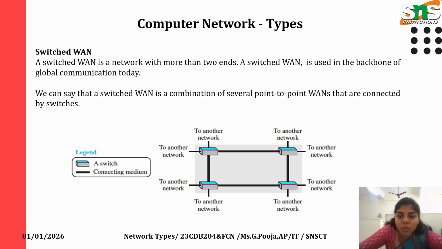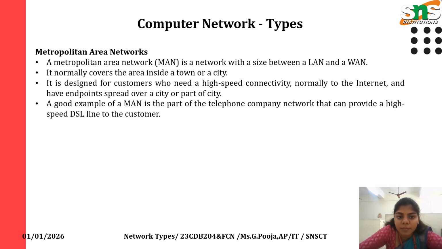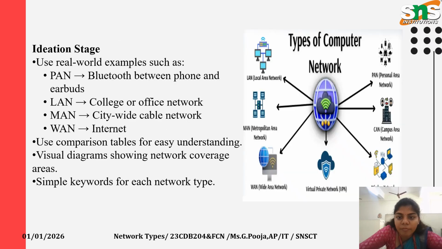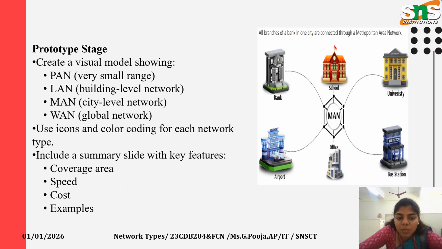I'm just giving you a picture of how it will look. This is how our internet network is connected. Here I have given some real-world examples for those types of networks, so you can get a clear picture of it.